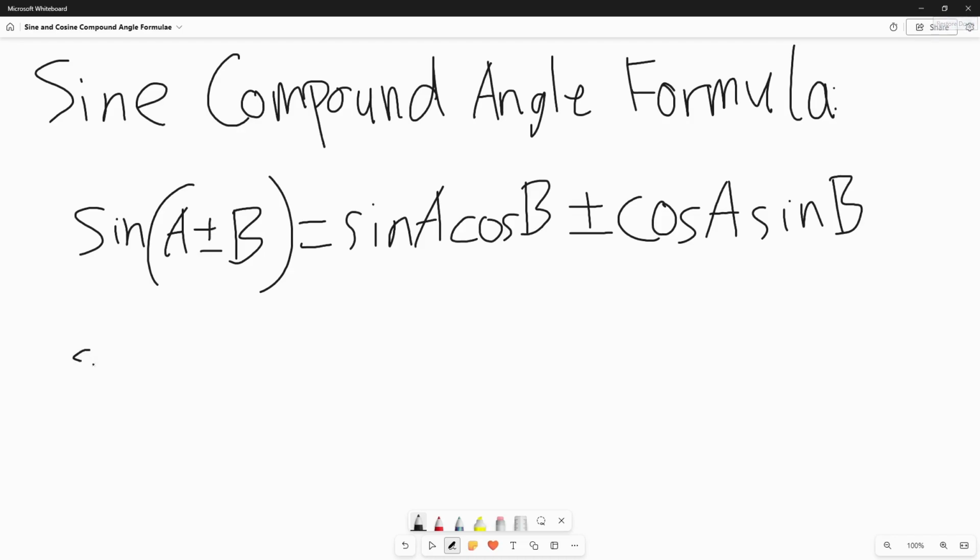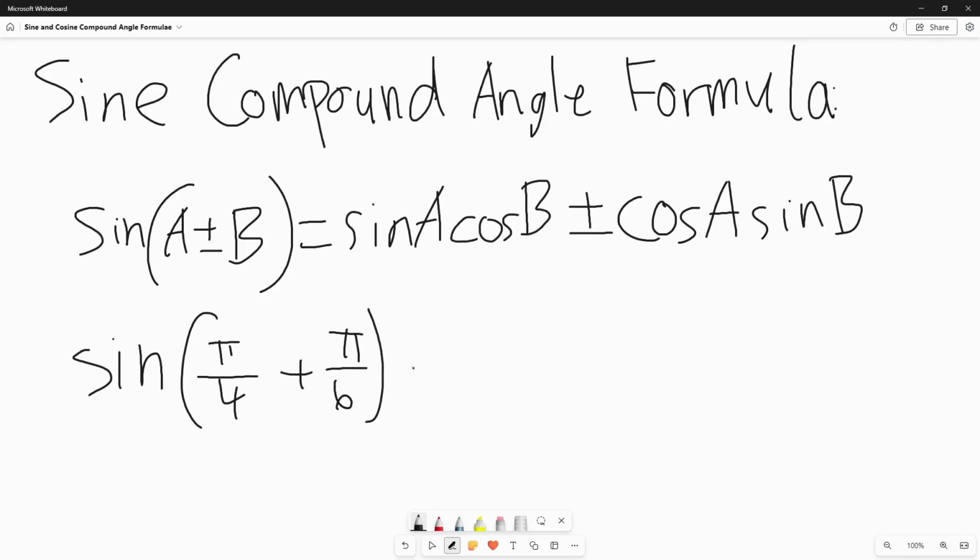So for example, if you have sine of pi over 4 plus pi over 6, that's equal to sine pi over 4, because pi over 4 is A, it's in the first spot, times cosine pi over 6, because that's B, it's in the second spot.